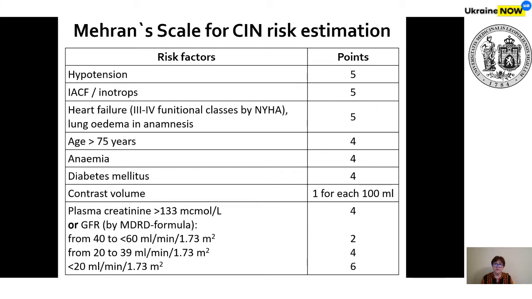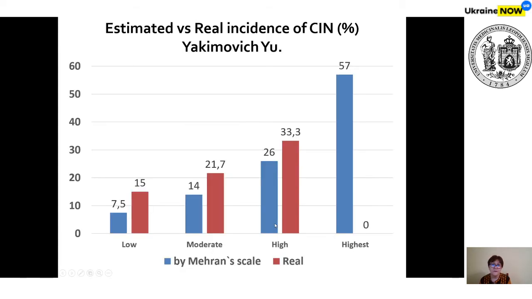For estimation of the risk of contrast-induced nephropathy, the Mehran scale is used. All risk factors are estimated in points. In our military hospital in Lviv, Dr. Yakimovich studied this problem.